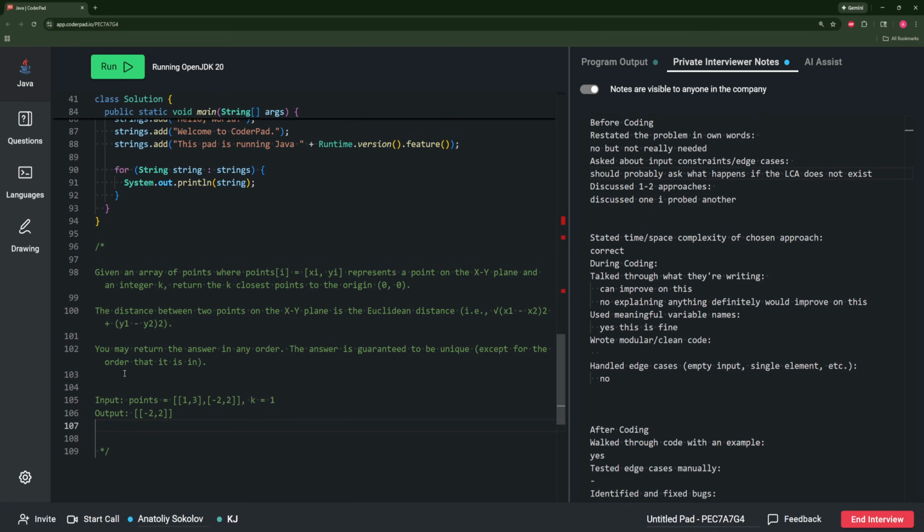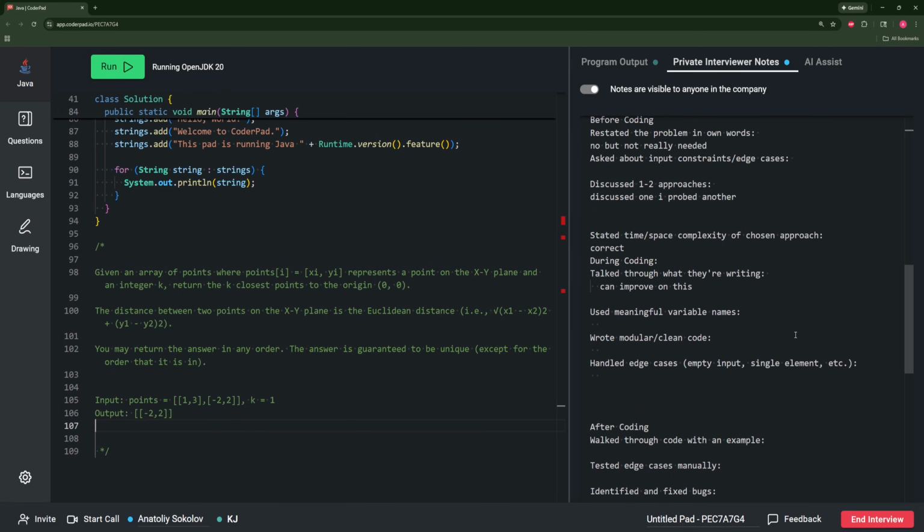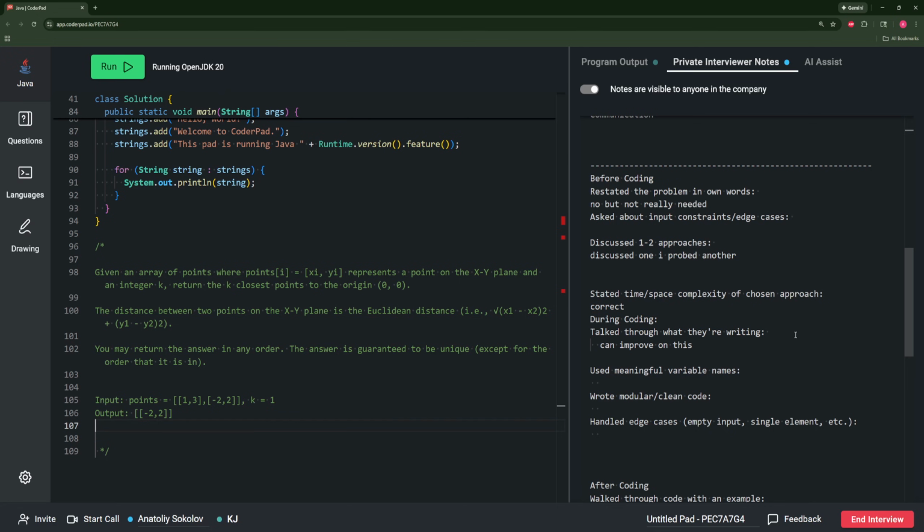Given an array of points representing a point in the xy plane and an integer k, return the k closest points to the origin. The distance between two points on the xy plane.